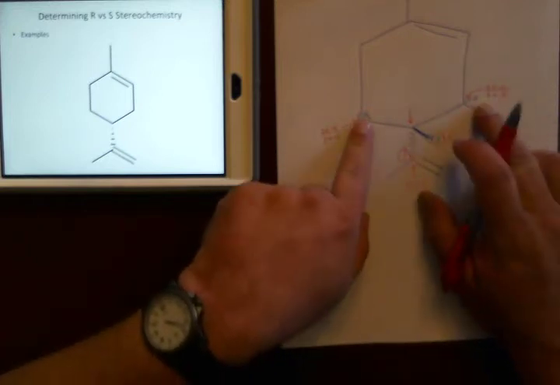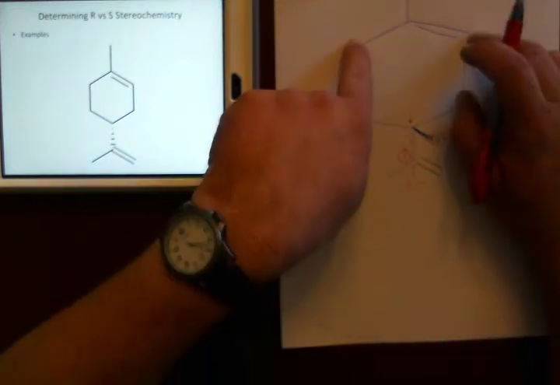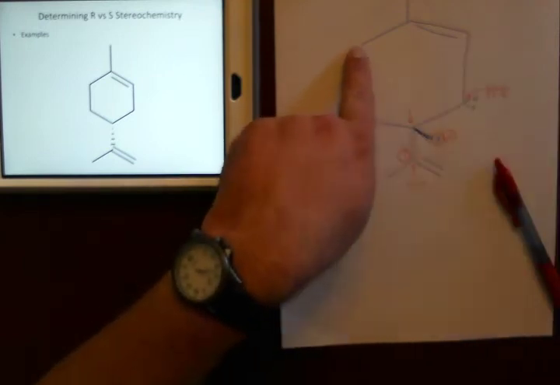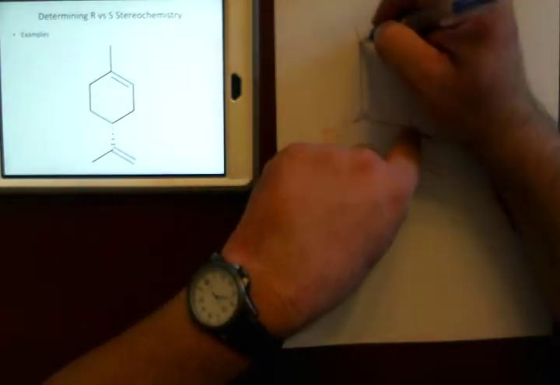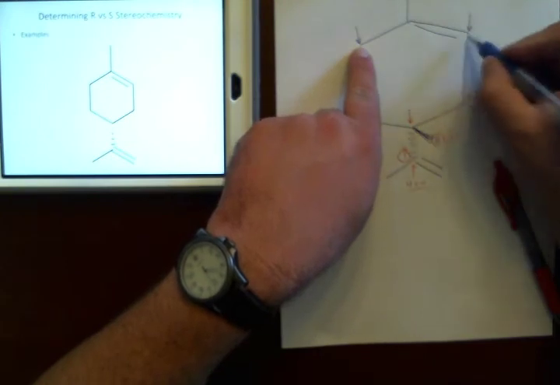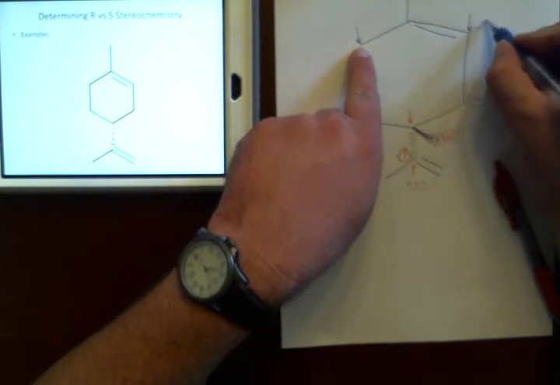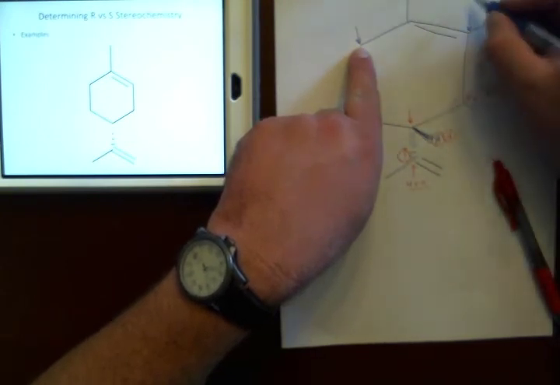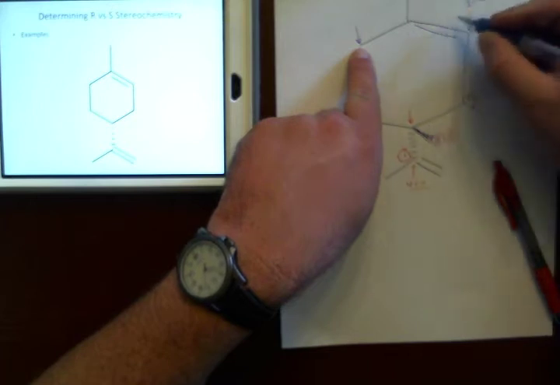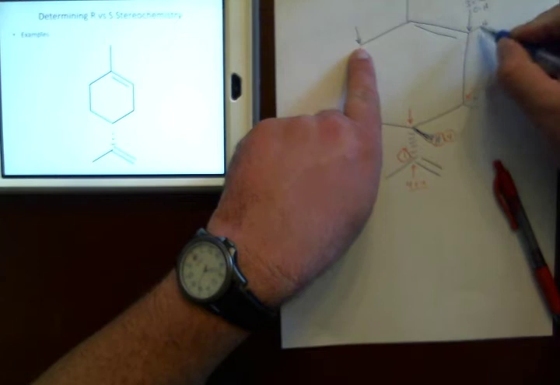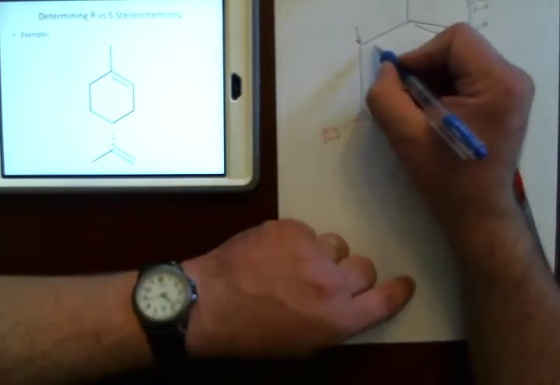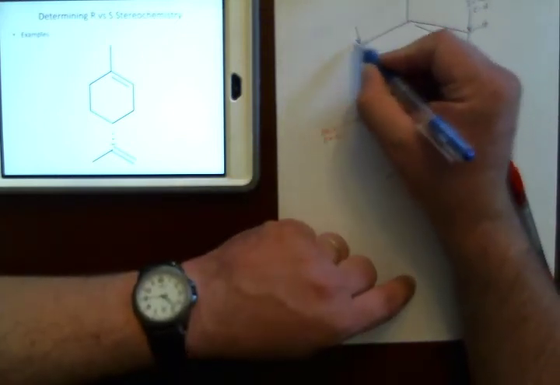But since this is the tie, we have to go one further out. So now we're going to compare that versus that. Now we're going to compare those two, right? 3 bonds are shown here, so there's a hydrogen here, right? So there's 3 carbon-carbon bonds, 1, 2, 3, and 1 carbon-hydrogen right there. Here, there's 2 bonds shown, so that means the other 2 have to be hydrogen.